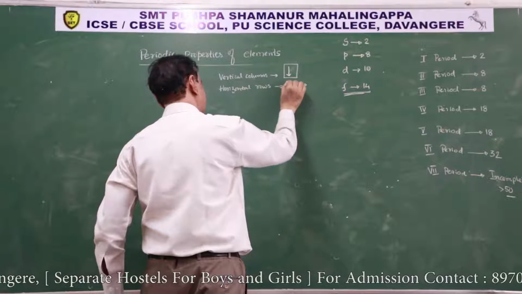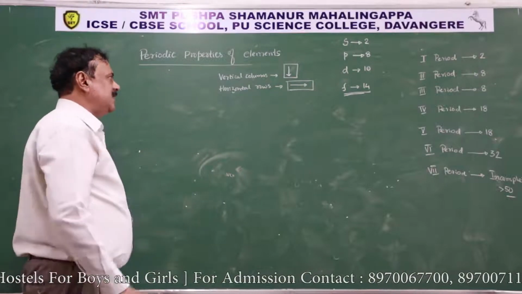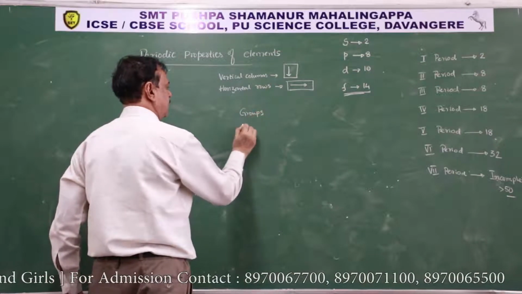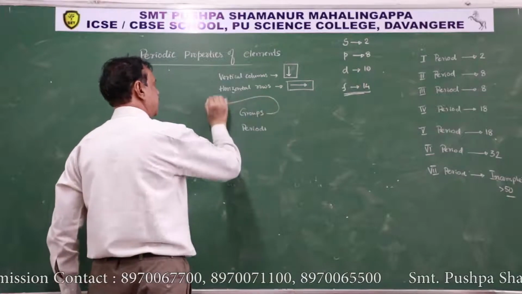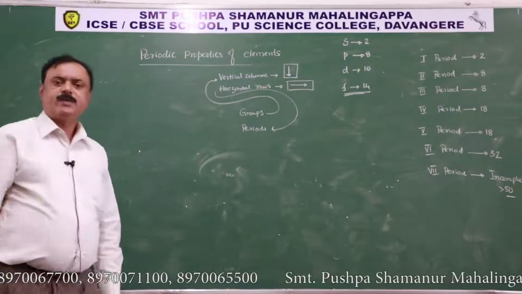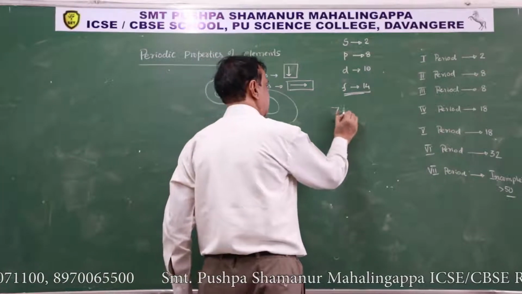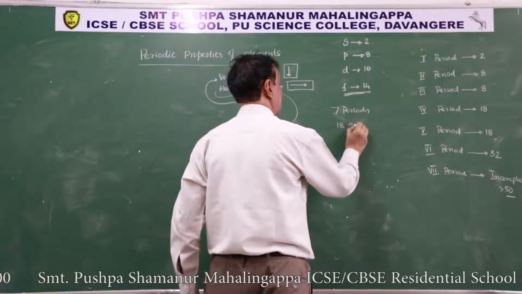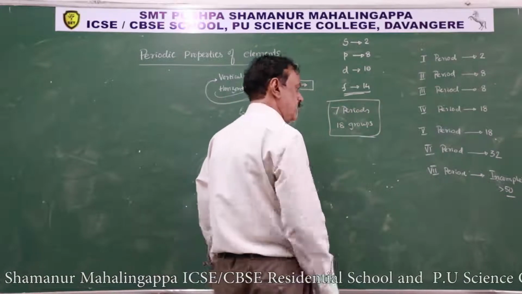Now what are groups and periods in the modern periodic table? Groups are nothing but the vertical columns. Horizontal rows are considered periods. There are 7 periods and 18 groups in the modern periodic table.